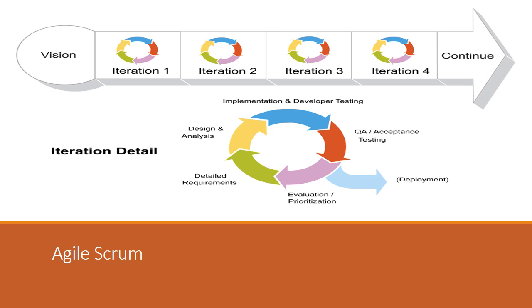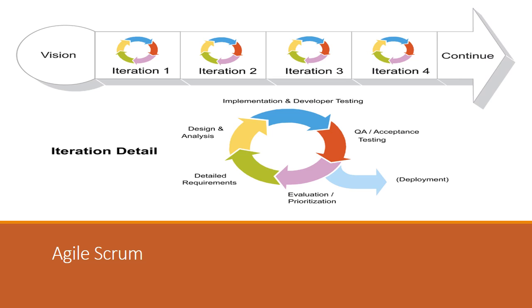With Agile Scrum, the approach is to utilize an iterative process. Basically, each of the phases that you saw in the previous slide, or two slides back with the waterfall, end up being broken up into smaller pieces.